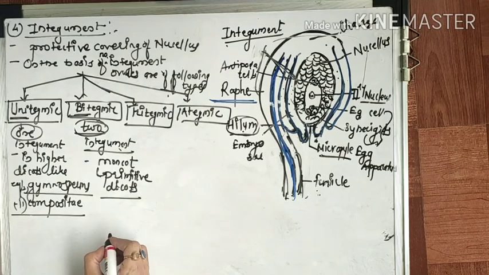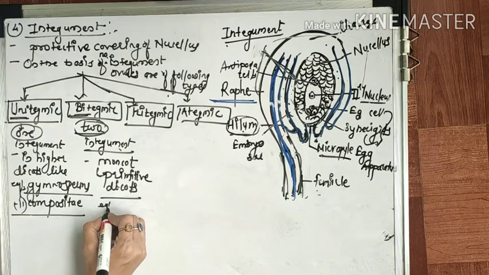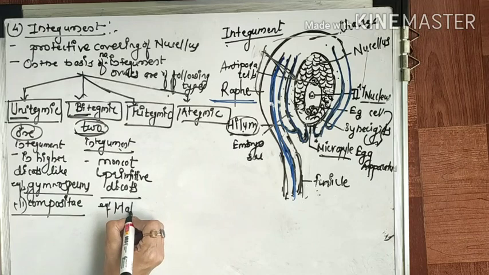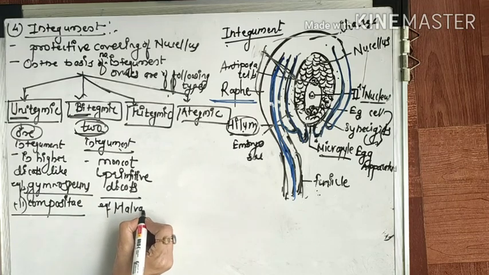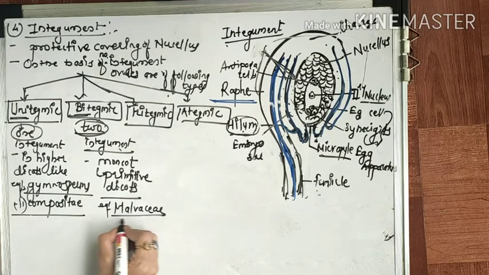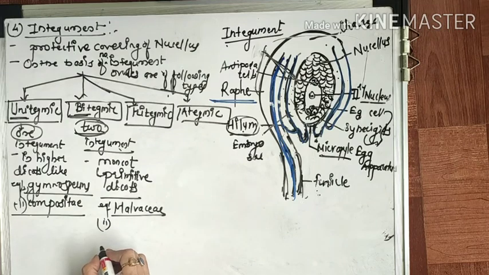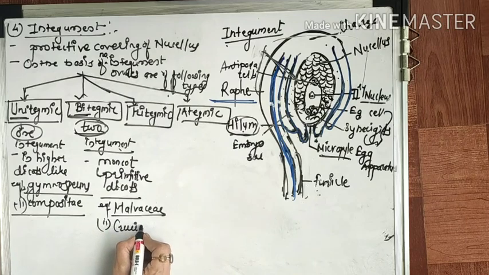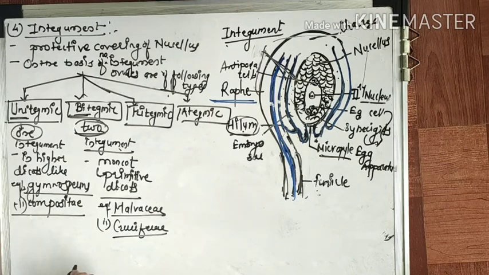An example is this, which family is that? That is called Malvaceae. And second, I think, is Cruciferae. So these are two families that have bitegmic ovules.